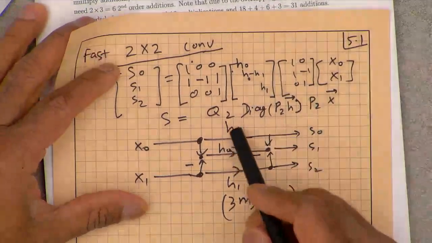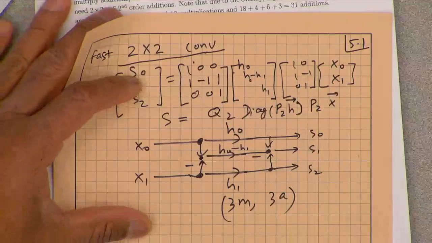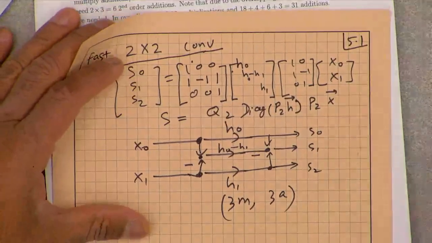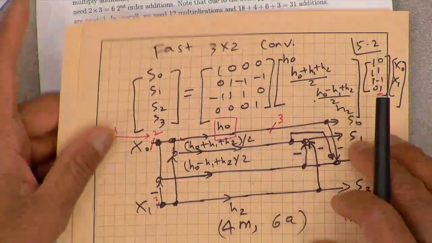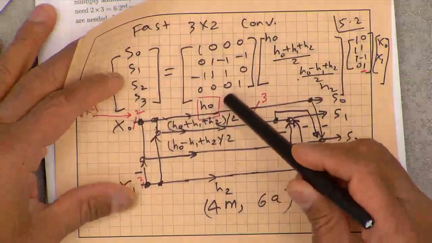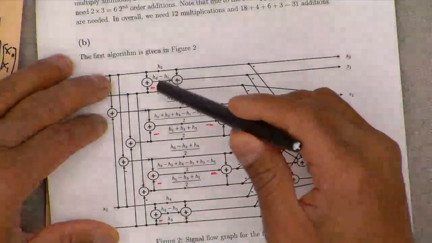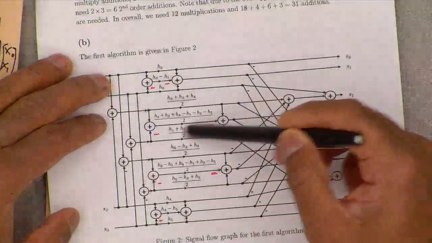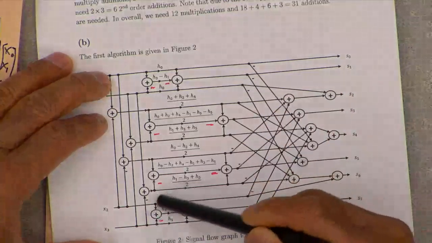But I think it's important to understand how to take these basic building blocks, which are 2 by 2 and 3 by 2. At a higher level, for example, the first solution, if you look at it, there are 4 blocks, 1, 2, 3, 4. Each one of these blocks is 2 by 2.